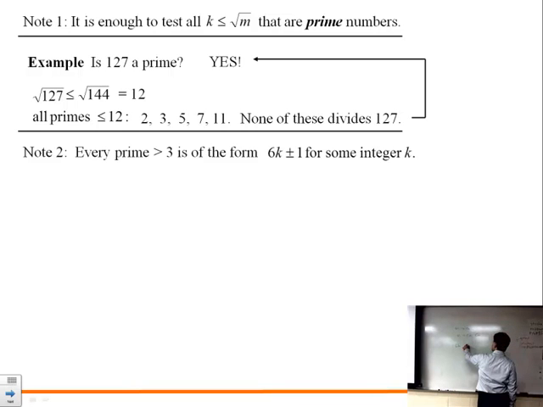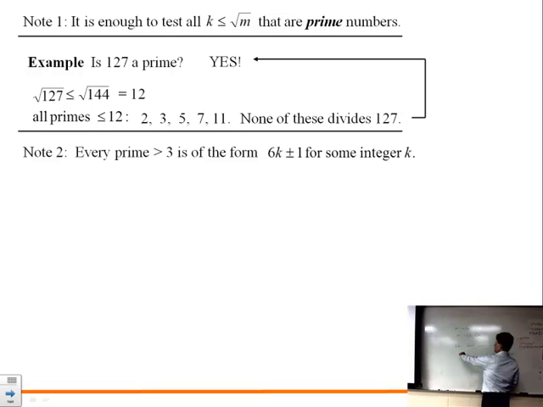And look at the next numbers: 6k plus 1, 6k plus 2, 6k plus 3, 6k plus 4, and 6k plus 5, which is 1 less than the next multiple of 6.